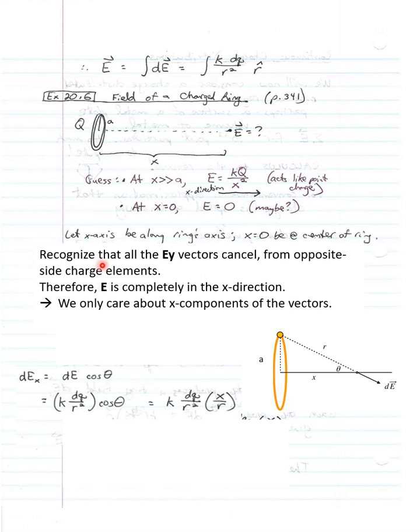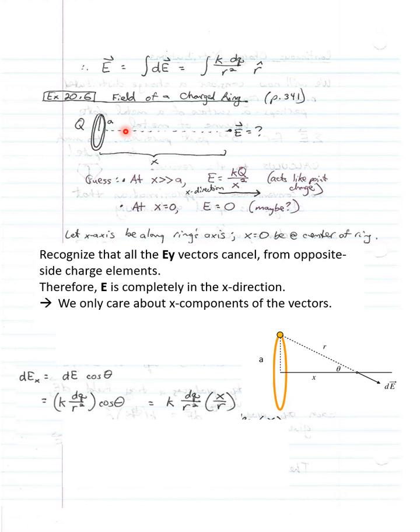We're going to let the x-axis be along the ring's axis and x equals 0 be at the center of the ring. Recognize that all of the electric field vectors in the y direction will cancel from opposite sides' charge elements. Meaning, right here where my pointer is, there are charges above it and there are charges below it.